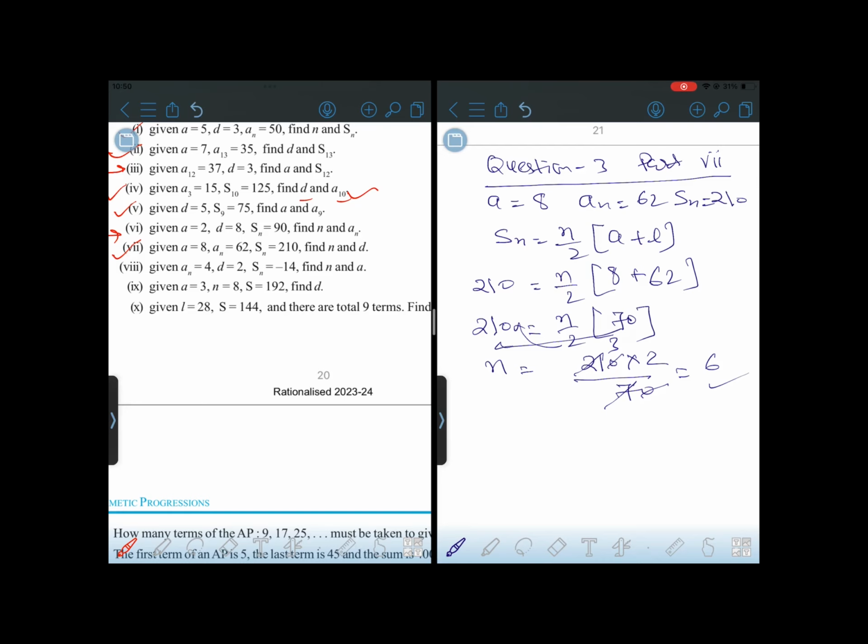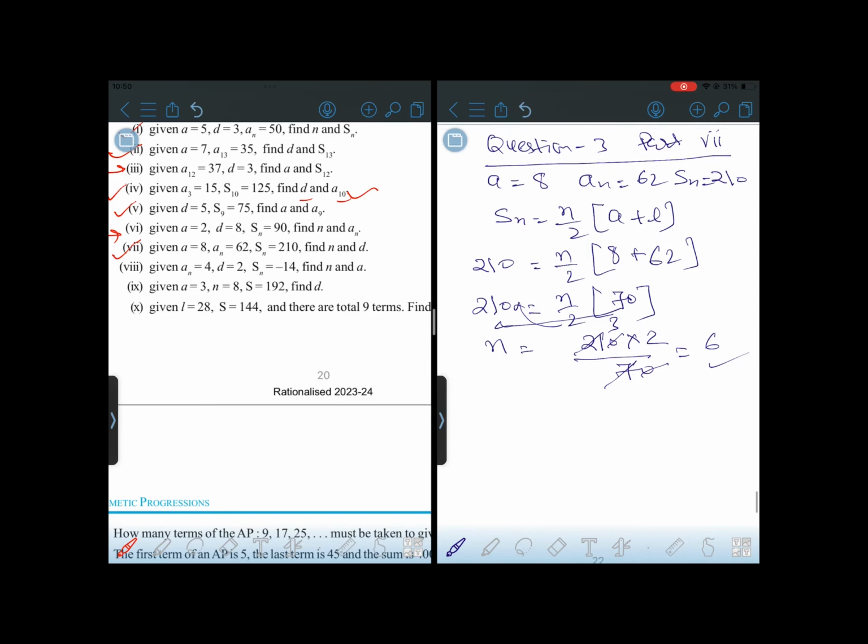Next, we have to find out the d, right? Because we are given the an, it means that we are given the a of 6. So we can find the d from there. What we can do, we can write a of n is equal to a plus n minus 1 d.